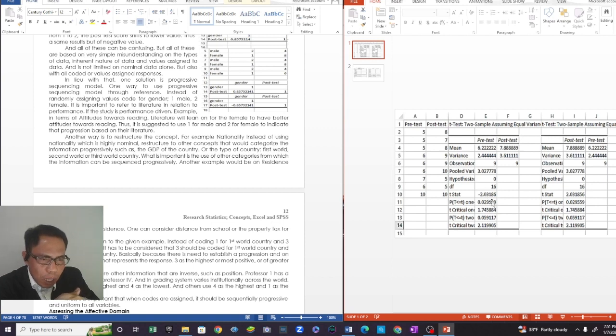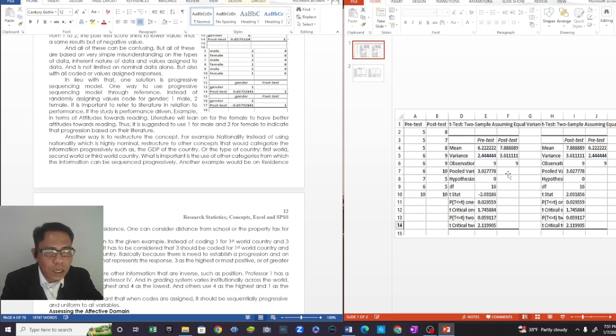Same results, same probability value, same critical values, everything the same, just a negative one, simply because of a mistake in identifying which one should be variable one, assumed to be greater, and which one is variable two, assumed to be lesser.